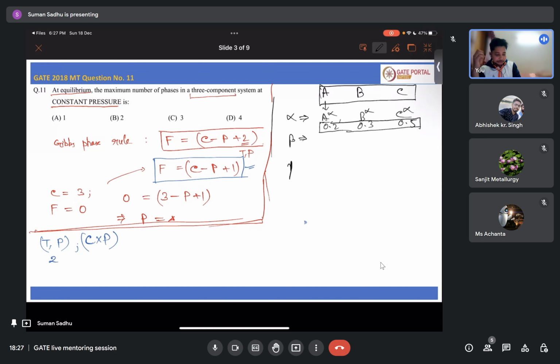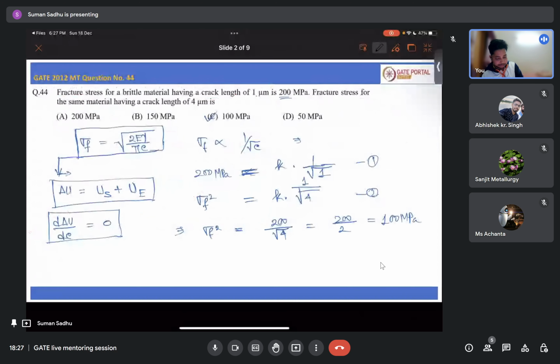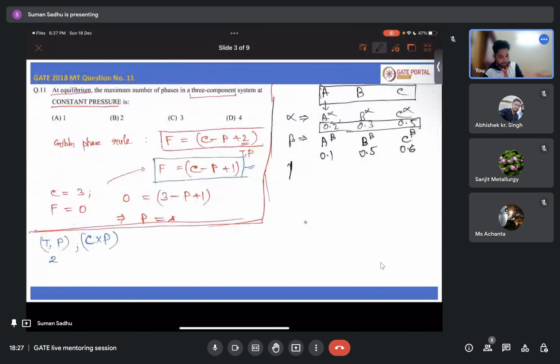So you have to tell the composition of A in beta, B in beta, and C in beta. Let's say the composition of A in beta is 0.1, B in beta is 0.5, and C in beta is 0.4.